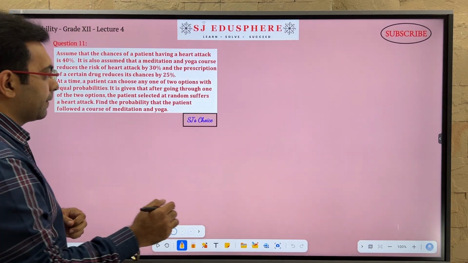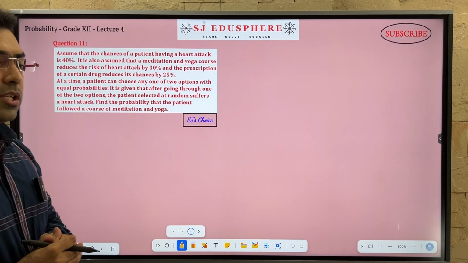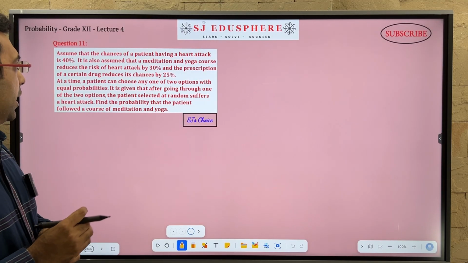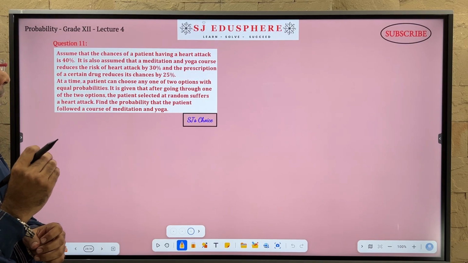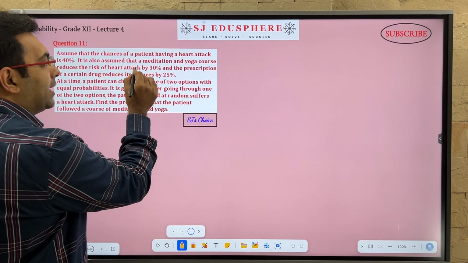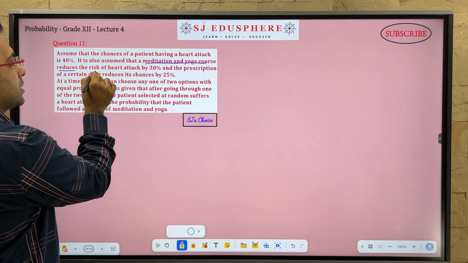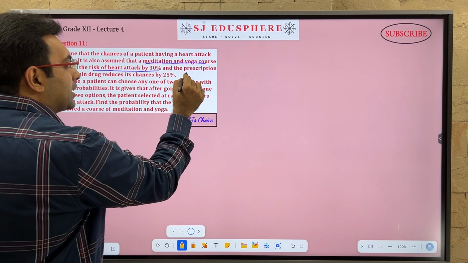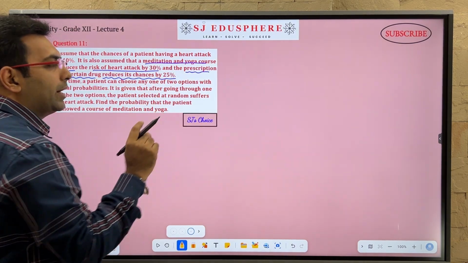Let's look into this part. My sum says, assume that the chance of a patient having a heart attack is 40%. It is also assumed that a meditation and yoga course reduces the risk of heart attack by 30%, and prescription of a certain drug reduces the chances by 25%.